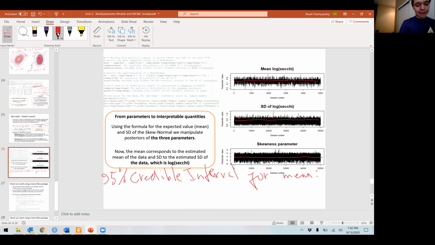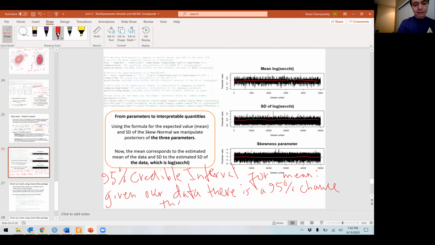We say that given our data set, there is a 95% chance that the true mean, the population mean, is inside the interval.